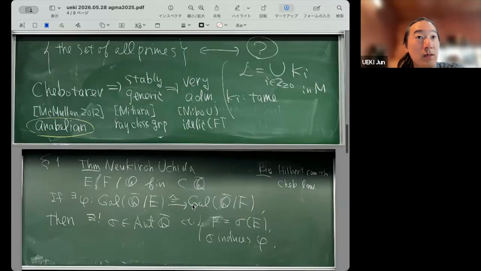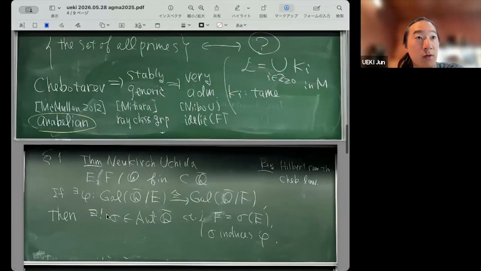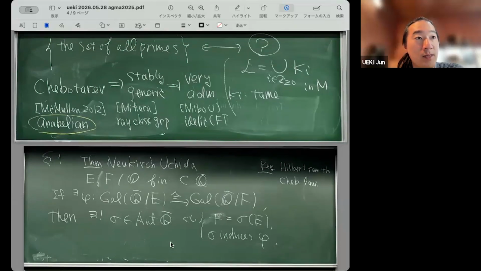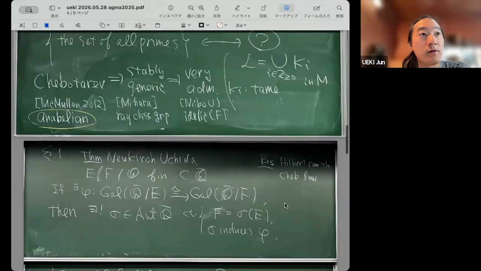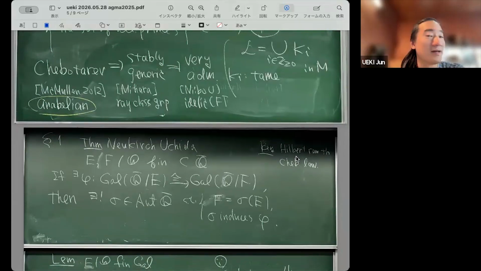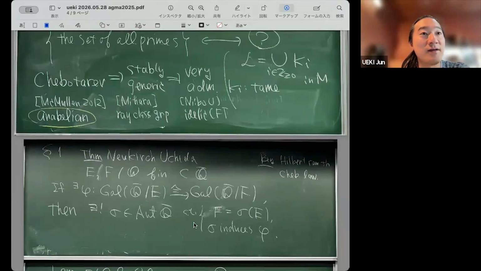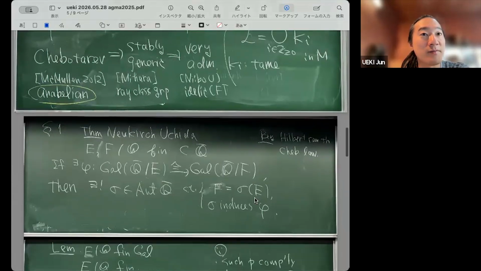This is one of the very starting points of the story of Anabelian geometry. So if we can formulate an analog of this theorem, then we will find many things to do after that. The key portion of the proof of this theorem is Hilbert ramification theory and the Chebotarev density theorem. So we can feel that we can almost approach this theorem.